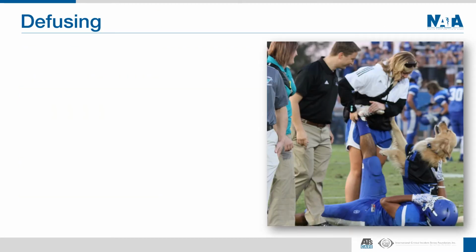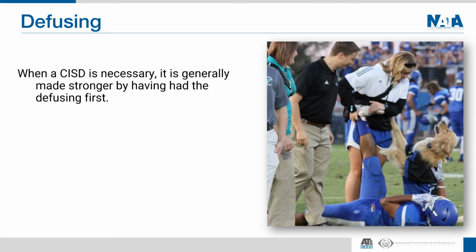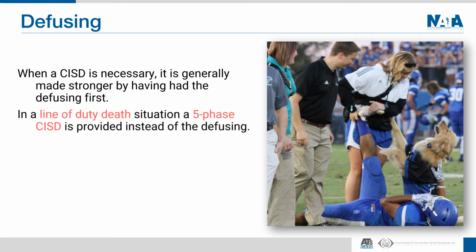So, some more things to know about the effectiveness of defusing. If a debriefing is necessary, it's generally made stronger by having had the defusing first. It introduces individuals to the nature of the process, the kind of discussions that are had, and it helps to build both your credibility and trust, because you tell them it's a confidential process and they get to see that that's in fact true.